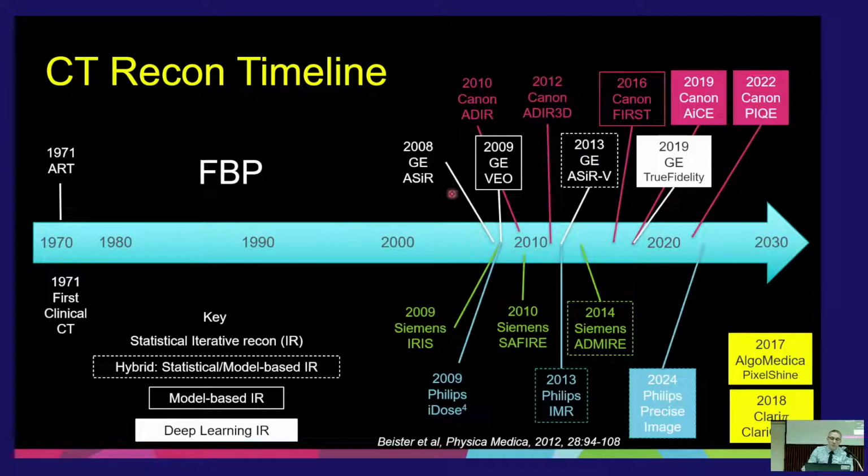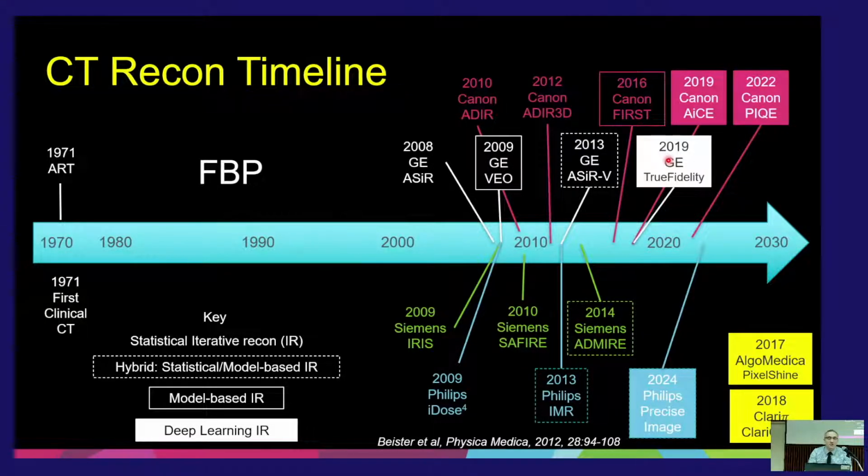In that late decade of the early 2000s, we started seeing one innovation after another in the use of iterative reconstruction. And then if you fast forward to around 2017, 2018, 2019, that's when AI became a big player in image reconstruction.